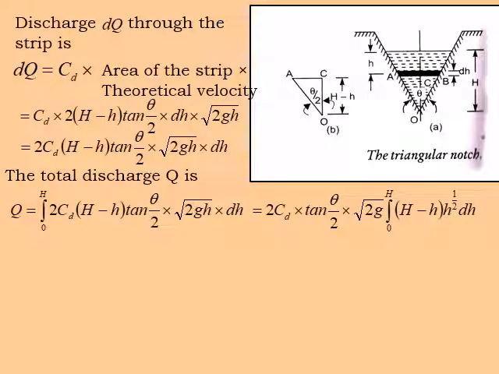In this expression, Cd into tan theta by 2 into square root of 2g is a constant that is taken outside.